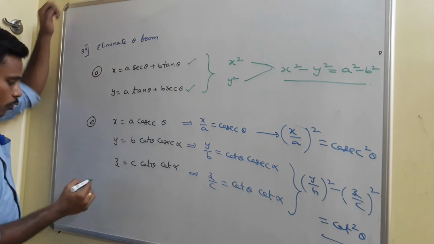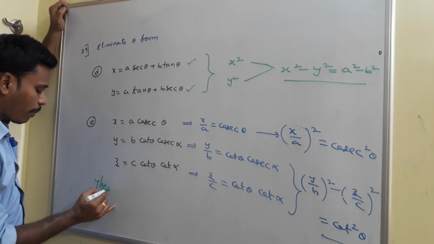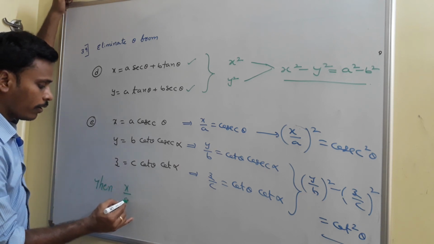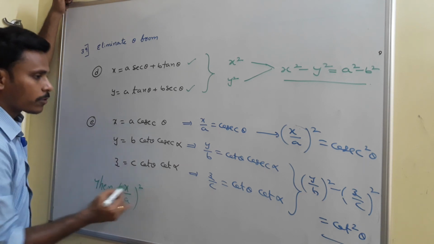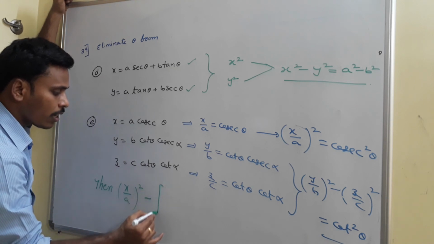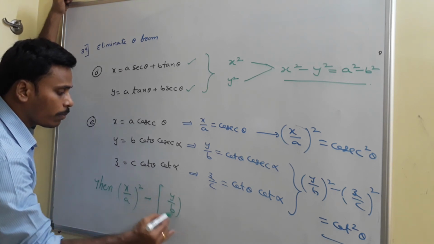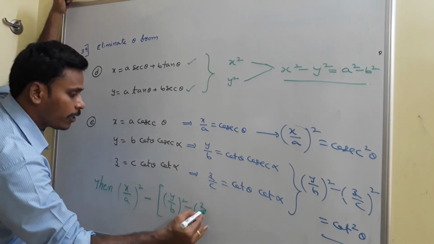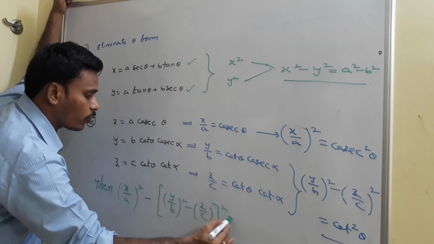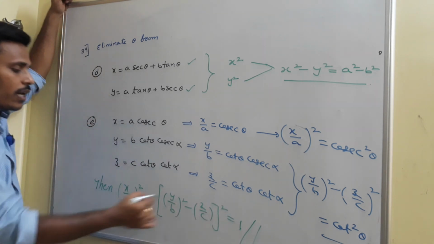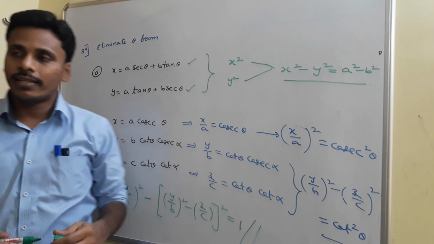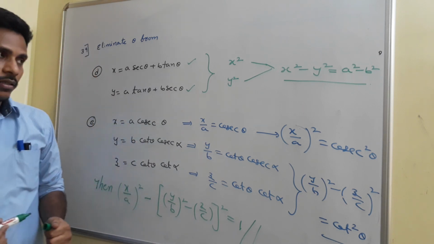Then, what to do? Since cosecant square theta minus cot square theta is equal to 1, cosecant square theta is this x by a whole square, minus cot square theta is just this y by b whole square minus z by c whole square, and that is equal to 1, and this is your final relation between x, y, z, a, b, c. Have a look at this.